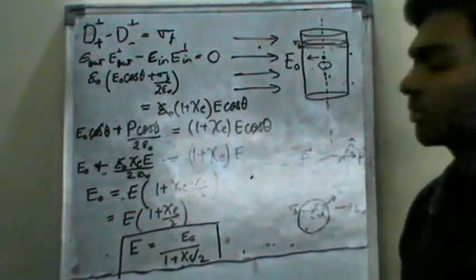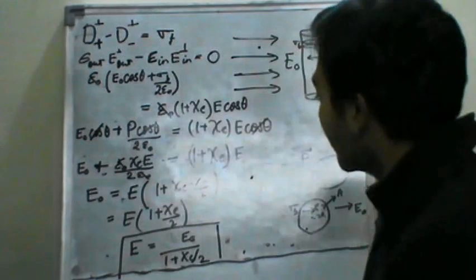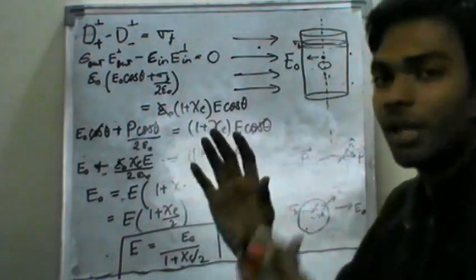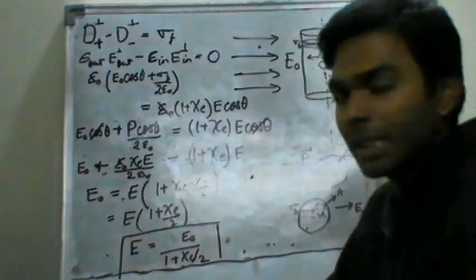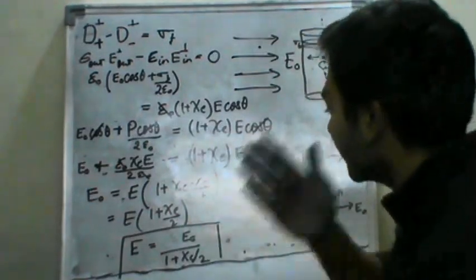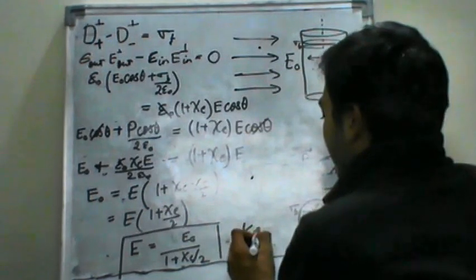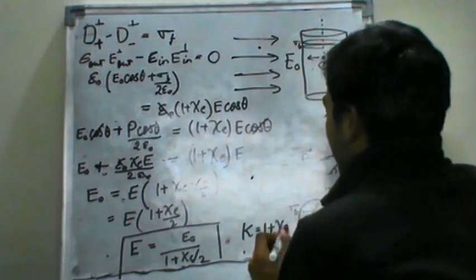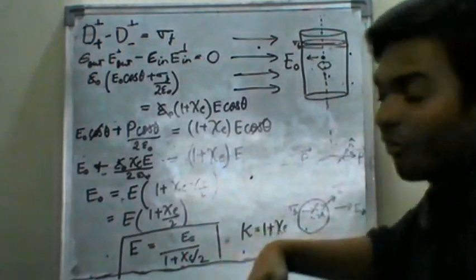So that's your answer. Again, as I said in the beginning, for a capacitor the field is E naught, and inside a dielectric it's E naught by K. It's not the same thing here, because K, the dielectric constant, is 1 plus Xe. This answer is not E naught by 1 plus Xe. Why?